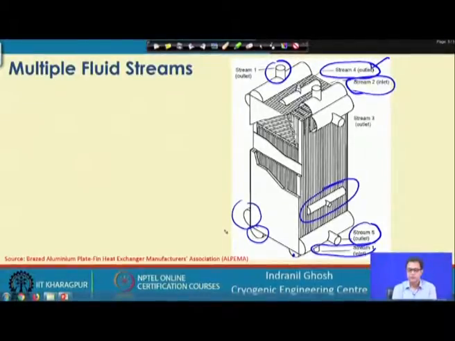So, this is a typical plate fin type heat exchanger, and you can understand that it should have a very good distributor fin before the fluid comes to the main length of the exchanger. In this type of exchanger, parallel, counter as well as cross flow arrangements are likely between the fluid streams.